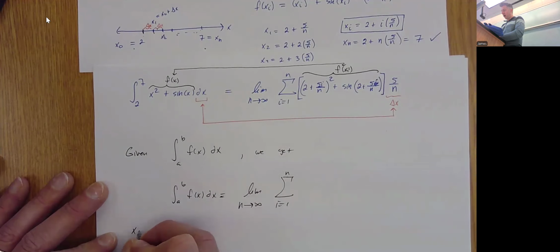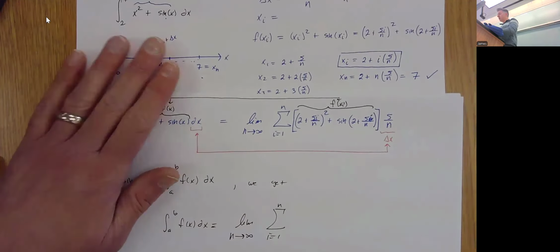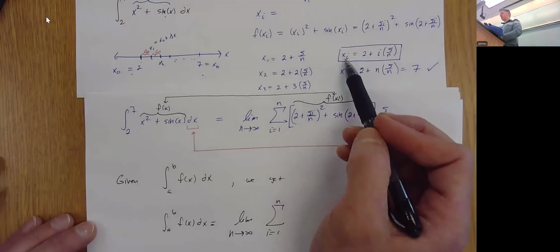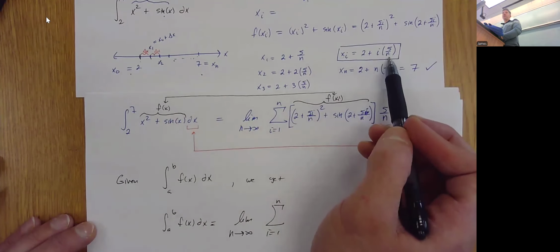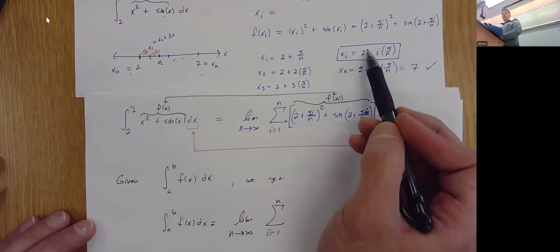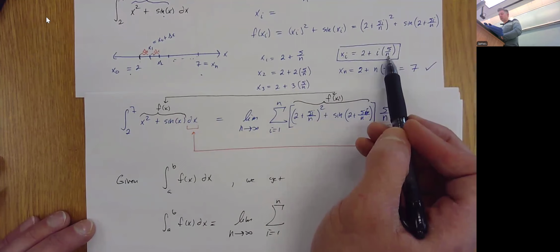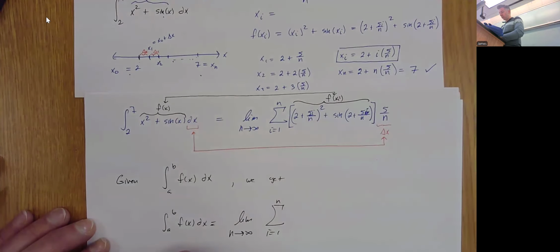Up here, your x sub i ends up being 2 plus i times 5 over n. Or more generally, your lower limit value, your a, plus i times your delta x. So that's what x sub i is more generally. It's a plus i times delta x. Where again, your delta x is b minus a over n.